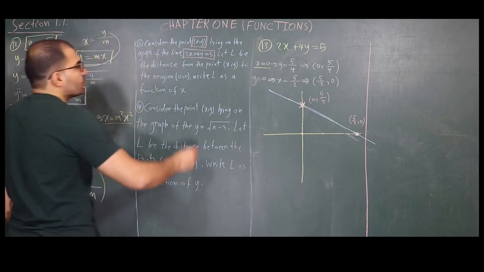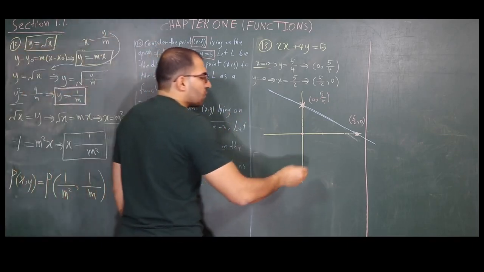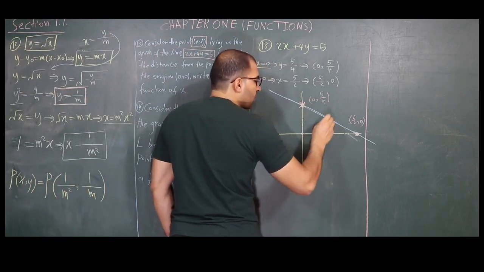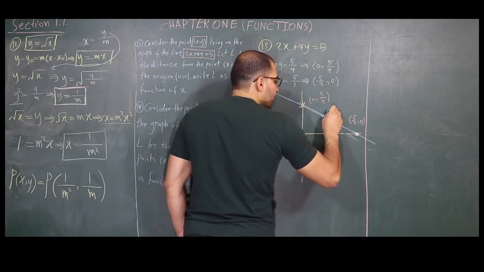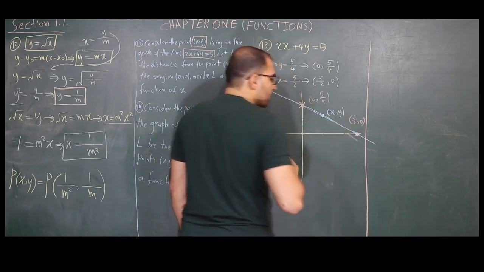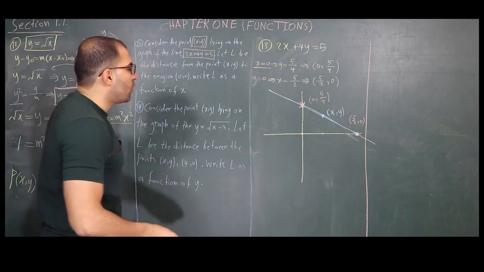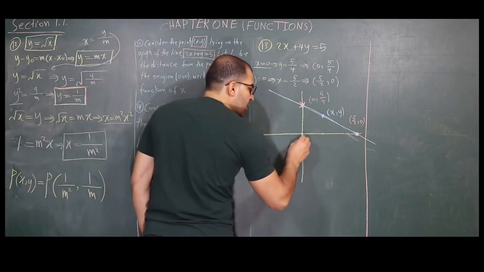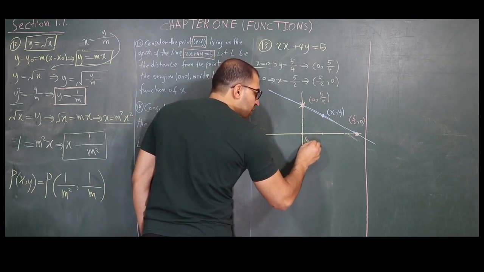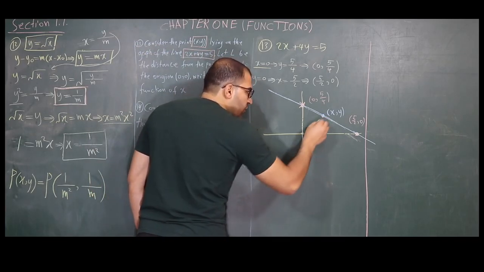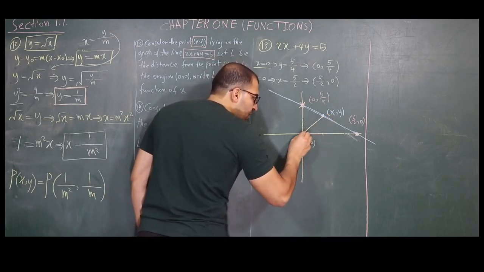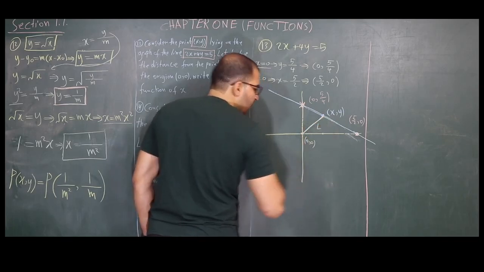Now we have a point lying on the line. For example, let's say here, for simplicity, it doesn't affect our generality. So we assume that this line is here, and we assume that this is the origin.